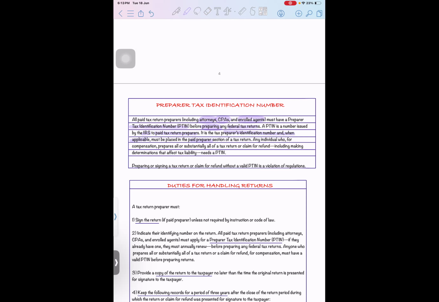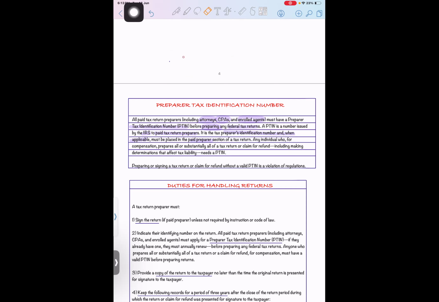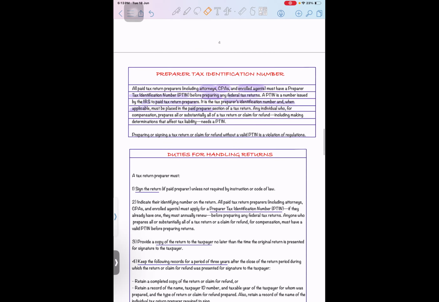Okay, if you guys have seen the 1040 return, on the first page at the bottom we have to put the signature, the paid preparer signature. Here the name of the paid preparer, or if it's a firm, the name of the firm is there. The PTIN number is there on the right hand corner of the tax return form. Okay, so this is about the PTIN number.